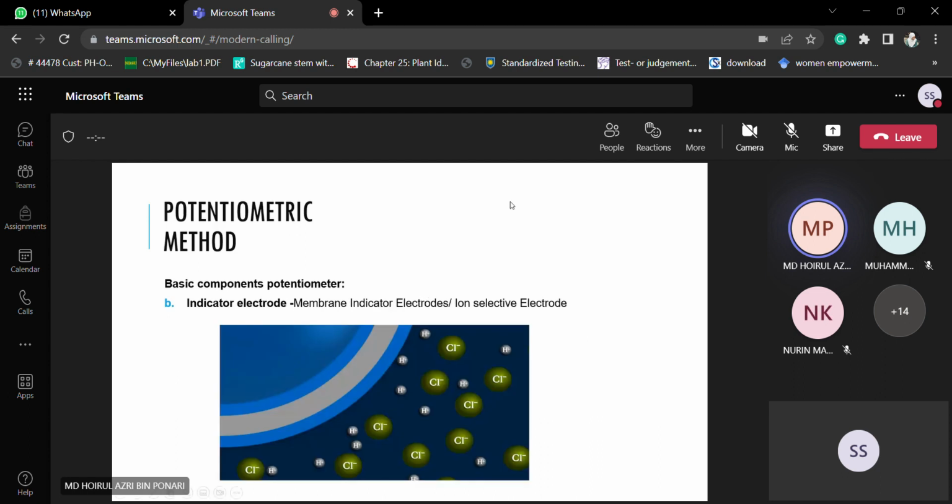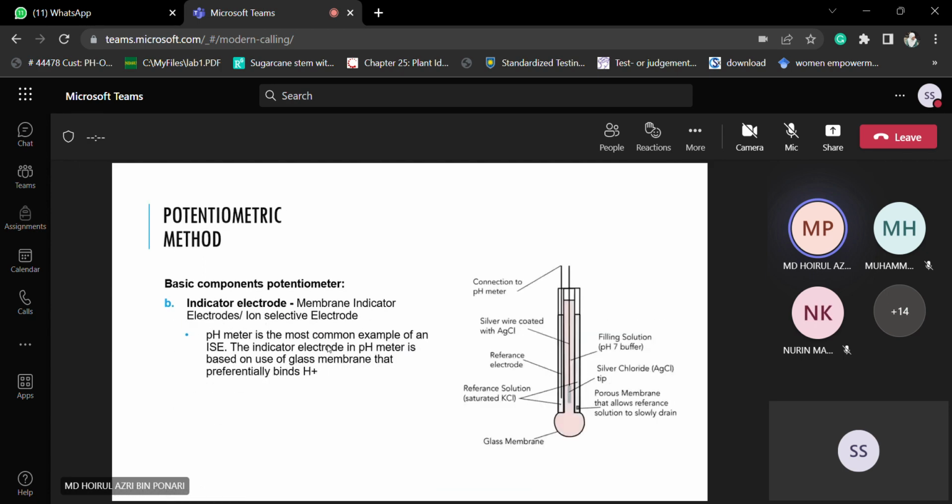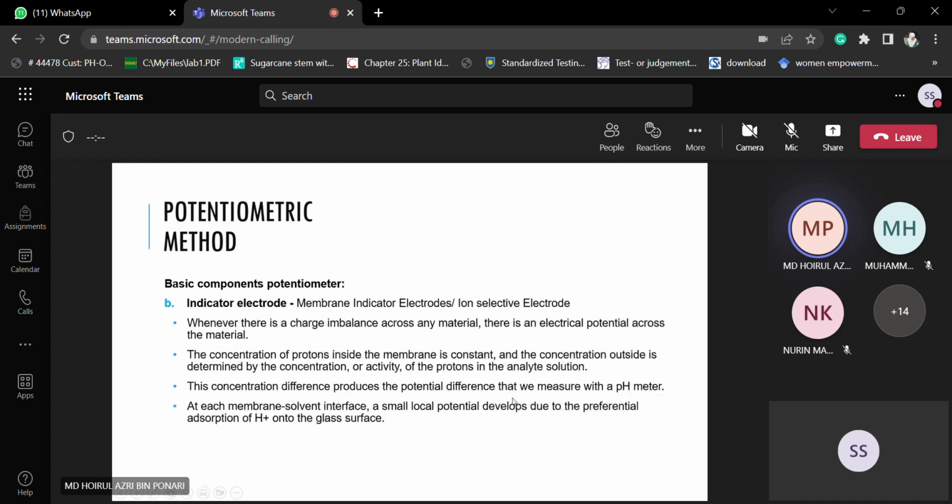So we have a pH meter. Remember in pH meter we have two electrodes. One is the reference electrode with silver chloride metals, and then we have the indicator electrode, which is a glass membrane electrode.